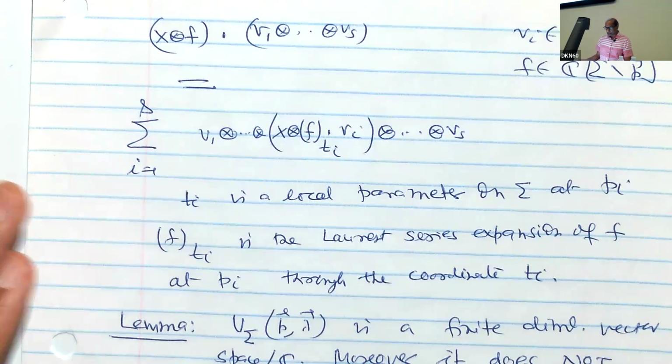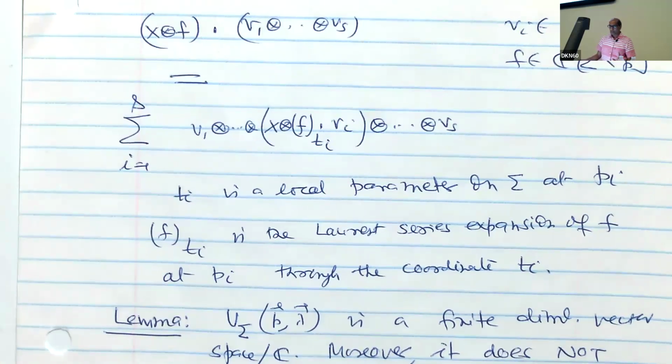Now the point is, right, two points here. One point is that this indeed is an action of this Lie algebra without the center.